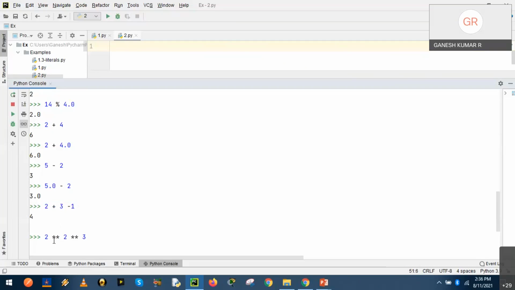Whereas the double asterisk, the power exponentiation, has right-sided binding, which means the operator at the rightmost will be evaluated first. So 2 power 3, that is 2 into 2 into 2, 8. And then we have 2 power 8 will be evaluated. So it is nothing but 256.